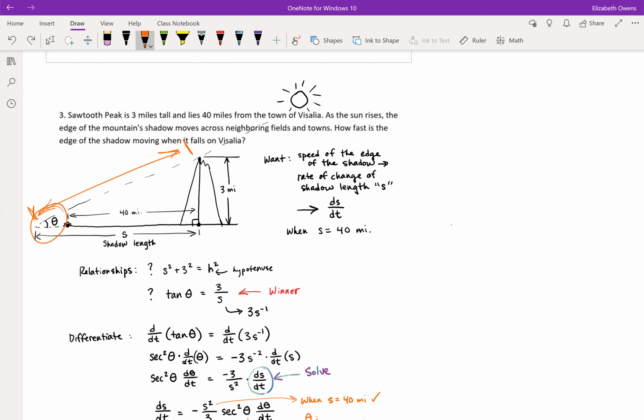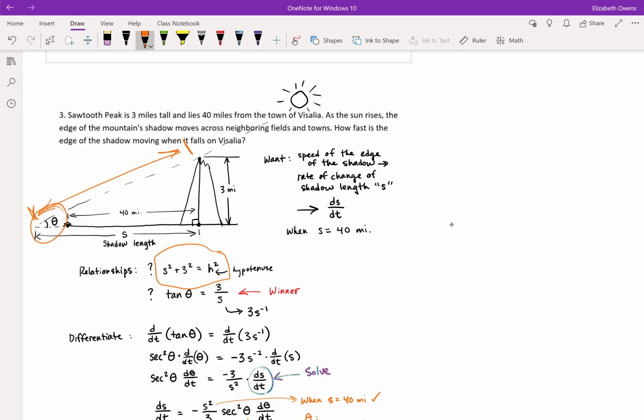So if we could come up with some other way to figure out dh/dt, this Pythagorean relationship would probably be easier to work with, but finding dh/dt is hard to come up with.